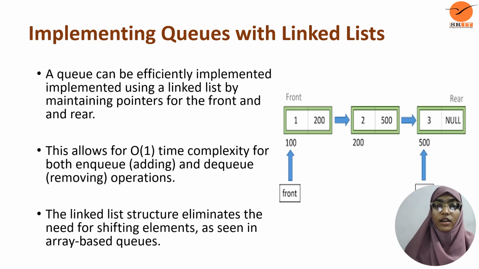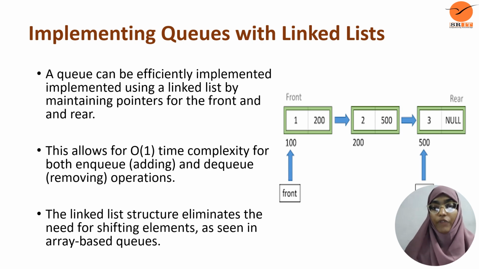Queue can be effectively implemented using a linked list by maintaining pointers for the front and rear end. You can see here front pointer and rear pointer. When rear pointer moves, then front pointer moves, because if we do any insertions, which is NQ, then we can do the deletions. We cannot do deletion without inserting anything.